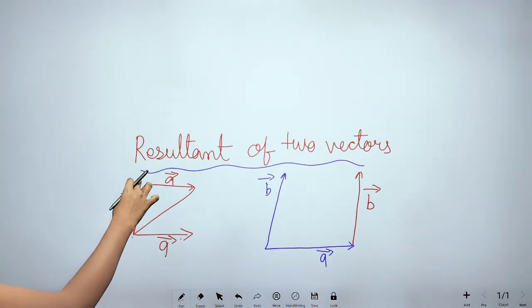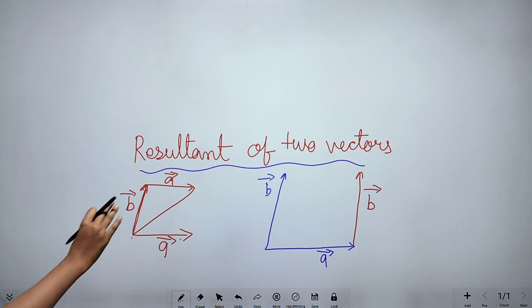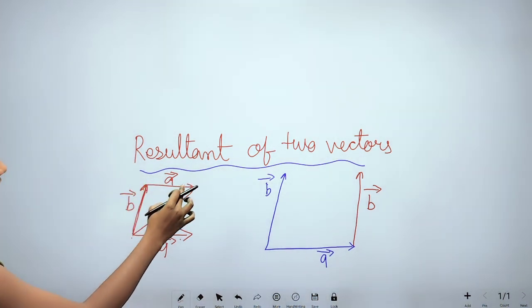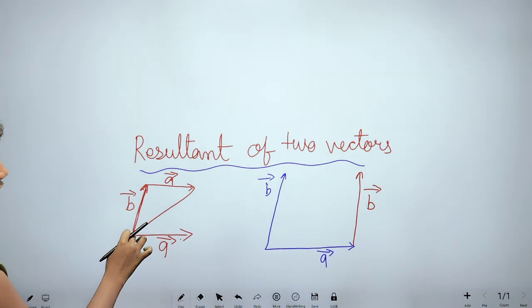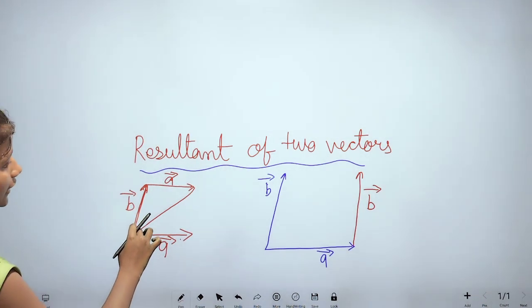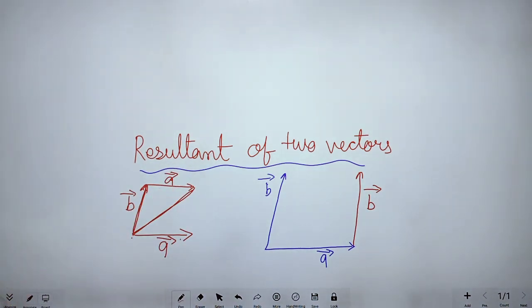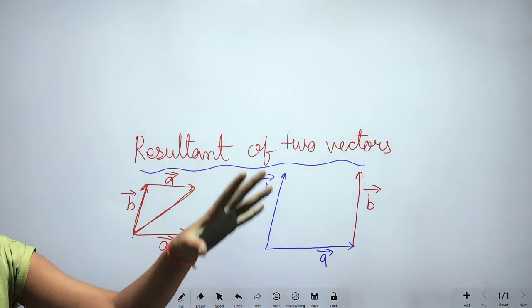Because first of all we have to draw the first vector and draw the second vector on the head of the first vector, and from the tail of the first vector to the head of the last vector, join. It gives the resultant. You can also draw like this. First we draw one vector, draw the second vector on the head of the first vector, and from the tail of the first vector join to the head of the last vector.